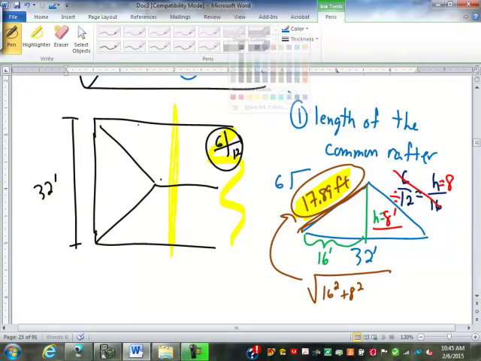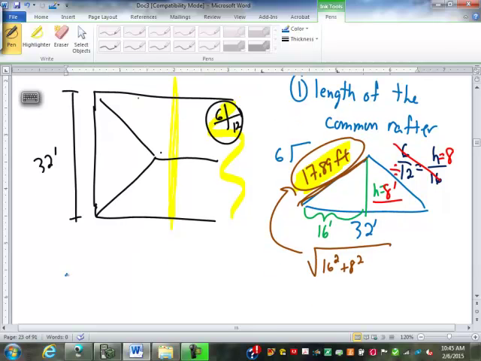Now, if this were the unconventional hip roof where the slopes were different, there would be more work we would have to do before we get to the next step. For right now, though, since this is conventional, we have the same slopes, we can jump directly to step 2. Step 2 is the length of the main hip jack.